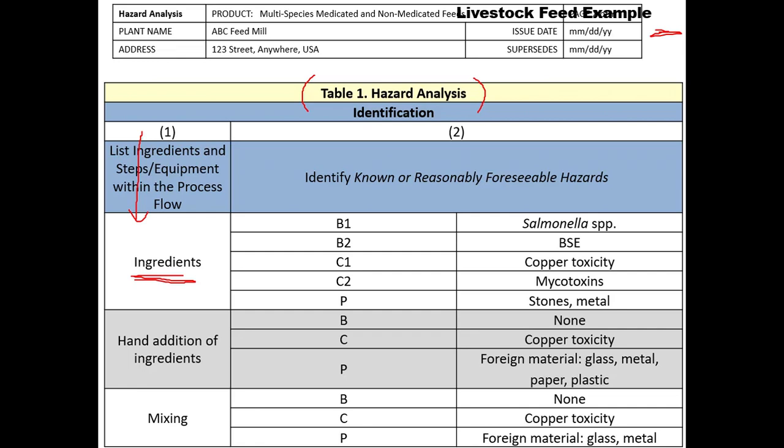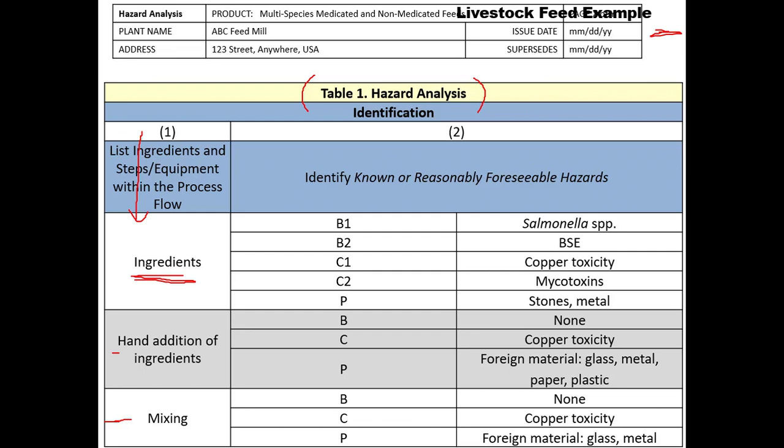Okay, so you get to decide how you want to categorize these things. And again, just make sure it makes sense for what you've got going on in your facility. We can see that the mixing processes or the manufacturing processes that they chose, hand addition of ingredients and mixing, they separated those out. That's again a place where you get to decide what categories you want to use here.